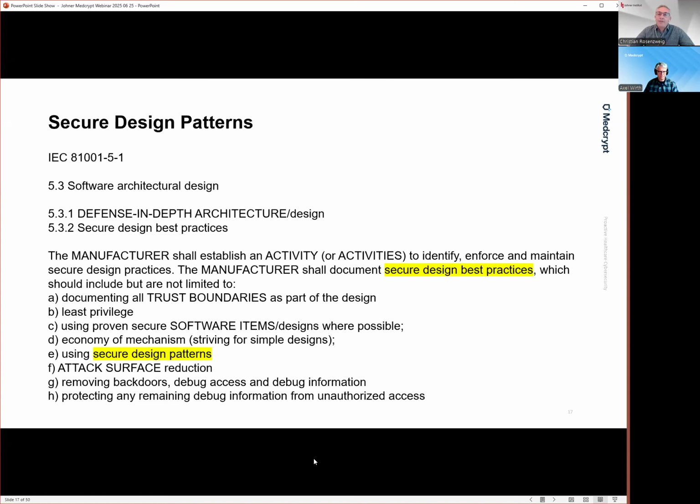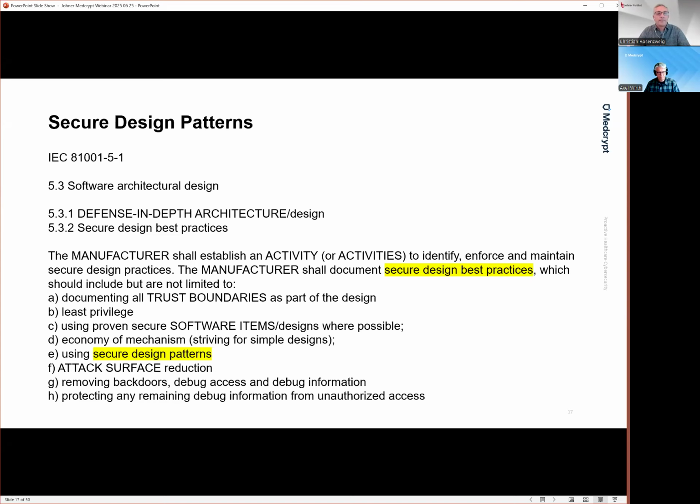So again, what does it mean? Secure design patterns. It's not defined in the standard. You have to find out what that means. And this is a really technology-based consideration. So you have to check in the state of the art, in the technology context, what does secure design pattern mean for your specific device and your specific technology.